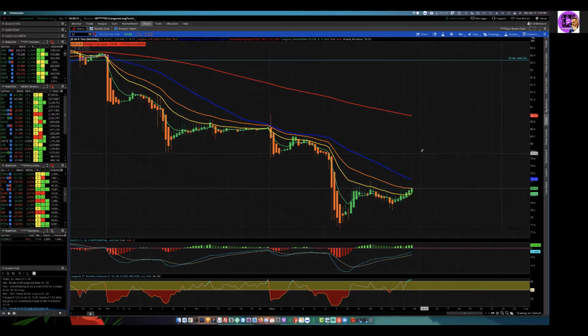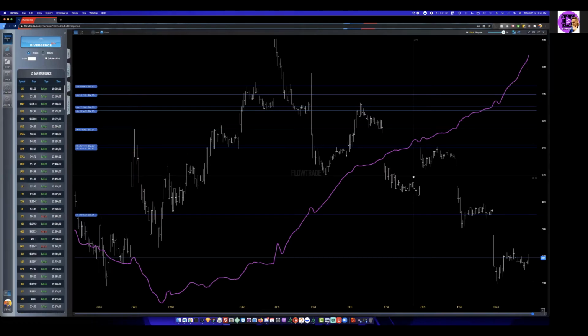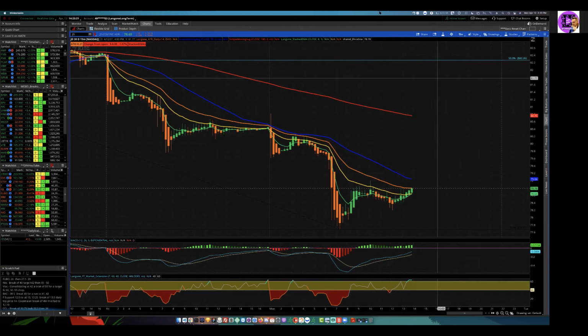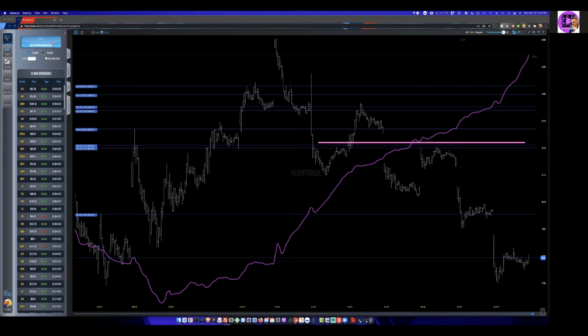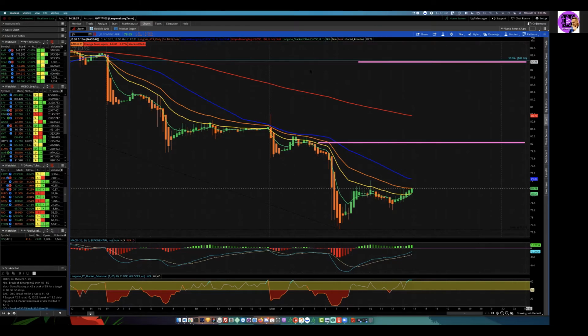Looks like we're going to run into some resistance. However, those block trade levels, that block trade at 80 and then 82 is going to act as a magnet, right? So we've got a block trade approximately in this area here, right? And then we've got a block trade right here at this 50% retracement.